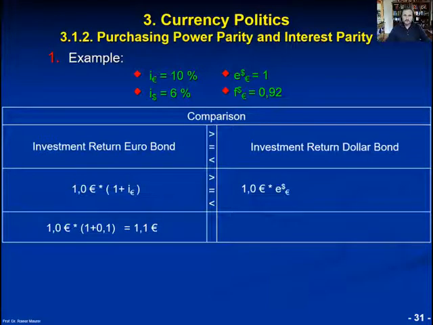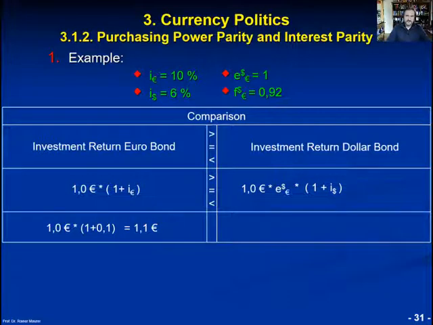If you want to invest €1 in a dollar bond, we first must convert this euro with the help of the spot exchange rate into dollar. The resulting amount of dollar can then be invested in the dollar bond at the dollar interest rate.